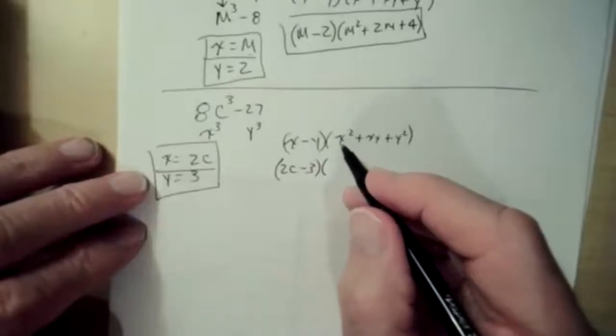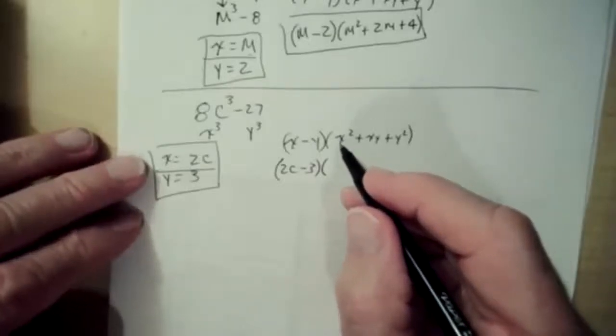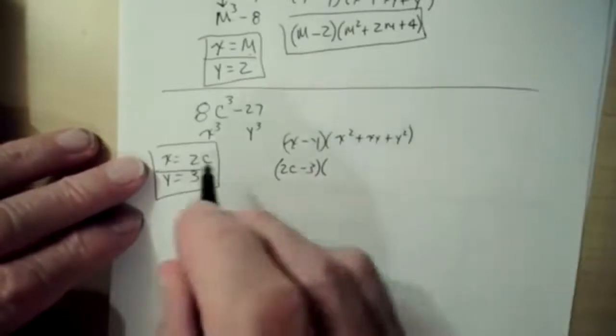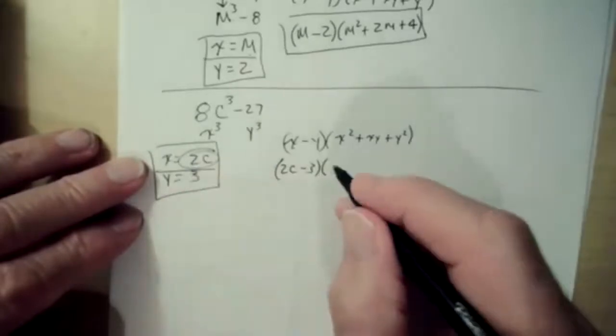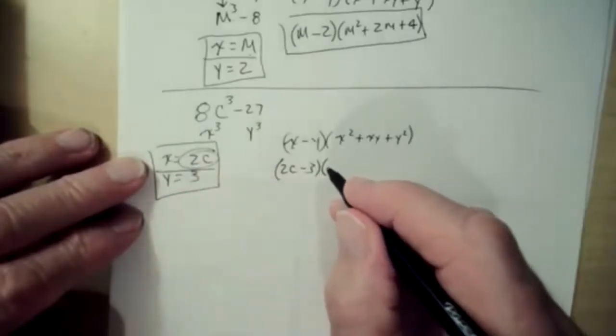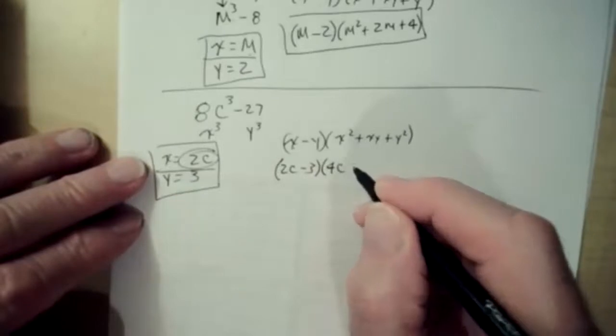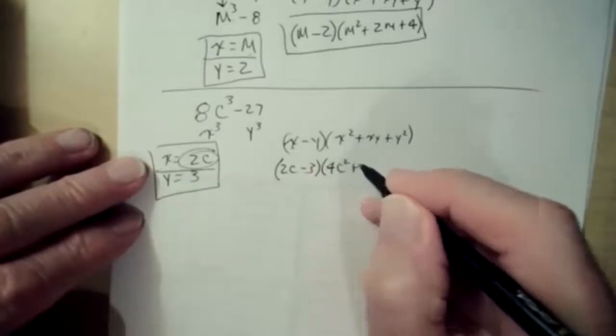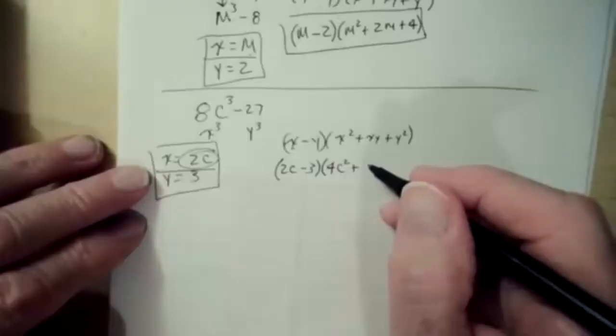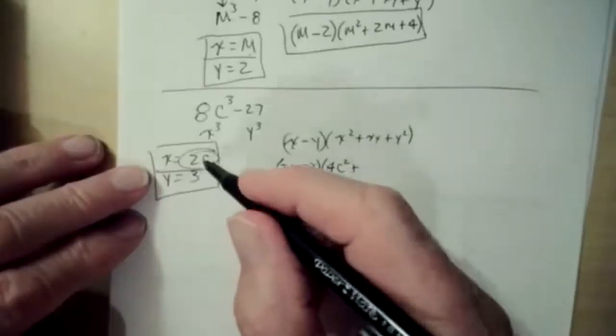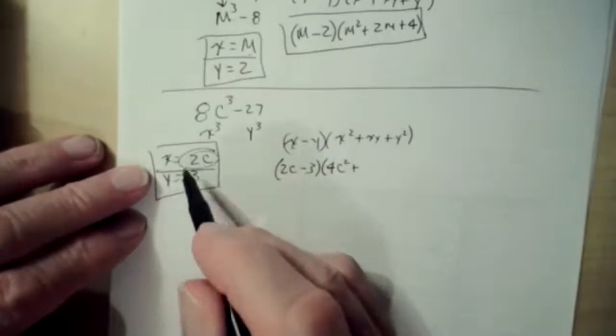So what's our x? It would be 2c. Good. Minus 3. Good. X squared would be 4c squared. You have to square this whole thing, so we get 4c squared.